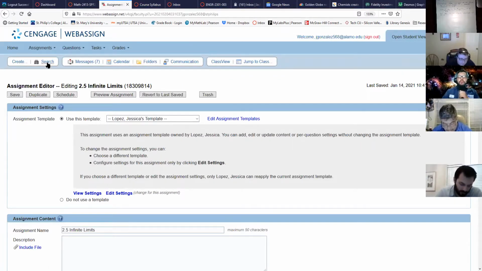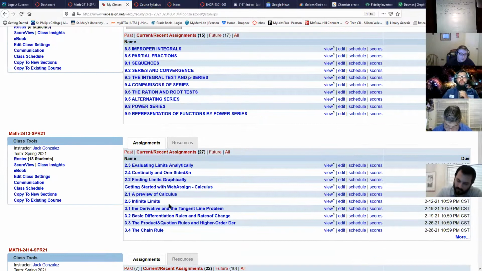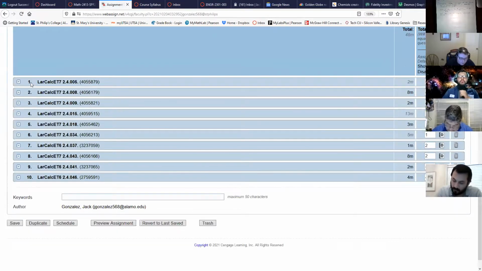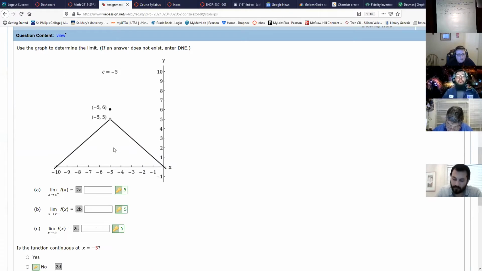The one I'm stuck on is 2.4 problem number 2, part C, I think it is. Oh, okay. Yeah, I remember this. Remember we said if the limit from the left and the limit from the right are the same, then the limit in general will exist.